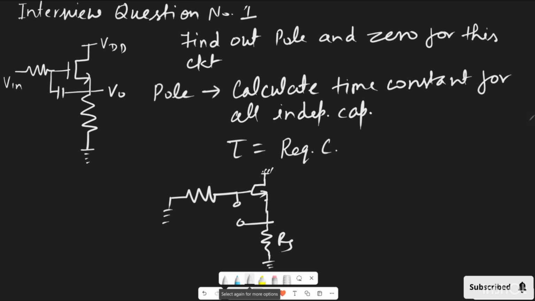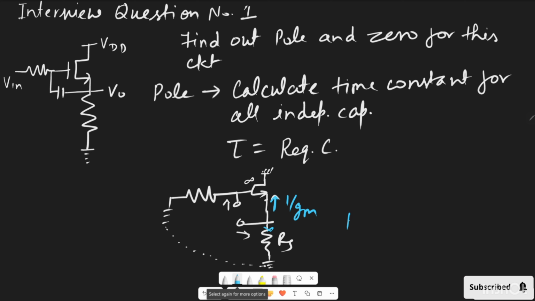Now from here, across the capacitor, this is ground, which means these two are connected. So this is in series. Here we will see infinite impedance. At the source of a MOS, when we see from the source of a MOS, we see the impedance 1 by Gm, where Gm is the transconductance of the MOSFET. So from here, what impedance will we see? 1 by Gm. From here it is Rs.